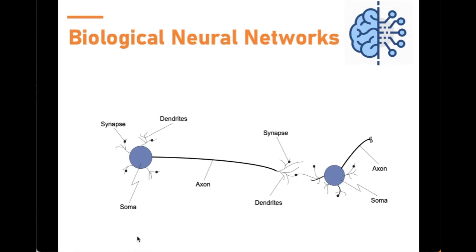A neuron is composed of three parts: the cell body, called soma, the dendrites, and the axon. The axon is this long fiber that transports the input or output signal as an electric impulse along its length.